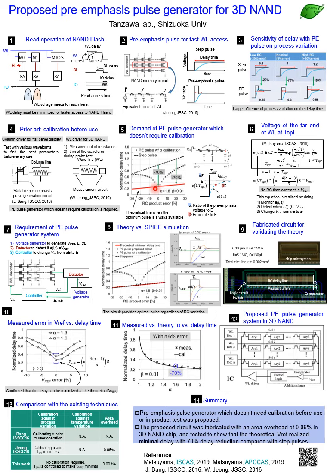So the target or theoretical line, when the optimum pulse is always available, we should get the 70% improvement regardless of RC product variation. So this is a goal for the proposed circuit.